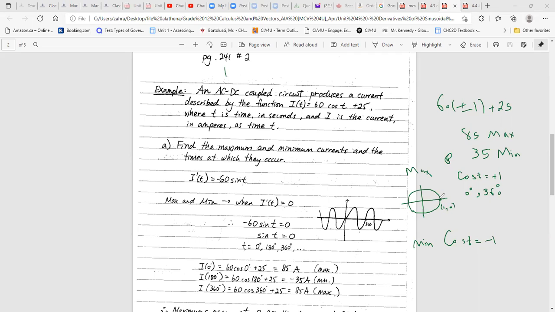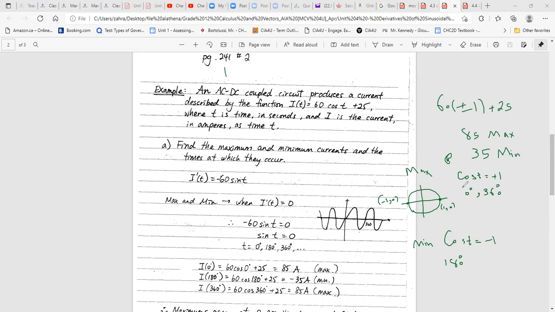Cosine negative 1 is when the point is (negative 1, 0), at 180 degrees. If you do another full cycle, it's 360 plus 180, but assuming you just want to discuss the first full cycle.